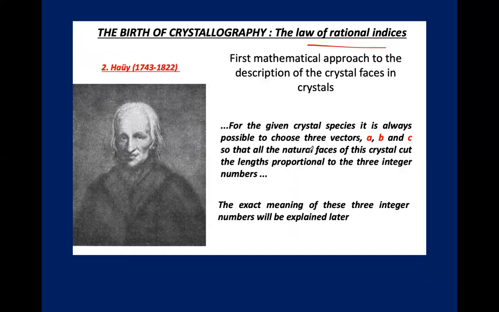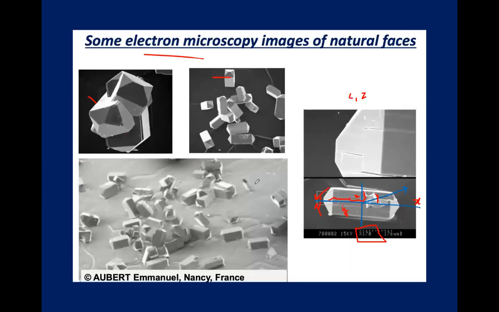So they discovered that natural faces of crystals cut the axes at lengths proportional to integer numbers. For example, if you assign 1 along one direction, this may be 3, so it's proportional.